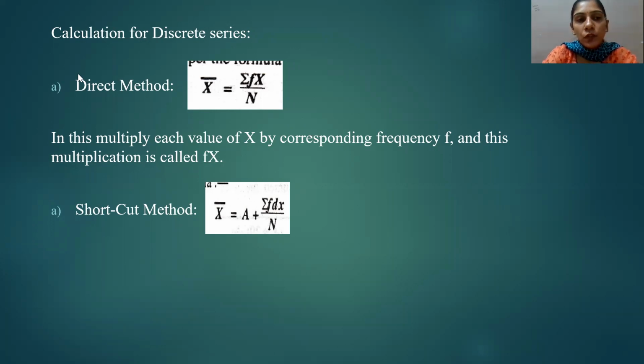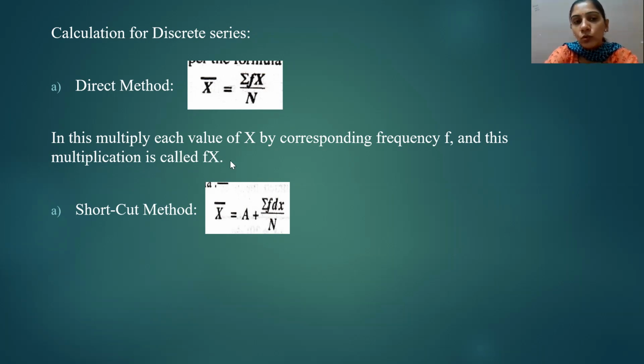The formula for calculating mean under discrete series for the direct method is mean equals sigma fx by n. In a discrete series under the direct method, we have to multiply each value of x by its corresponding frequency f, and this multiplication is called fx.